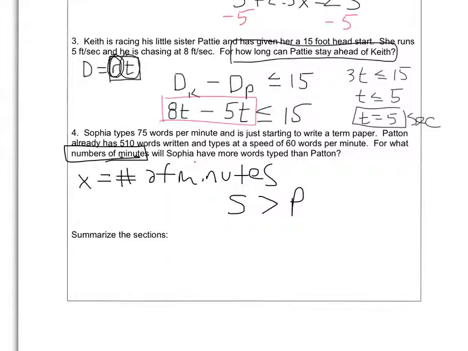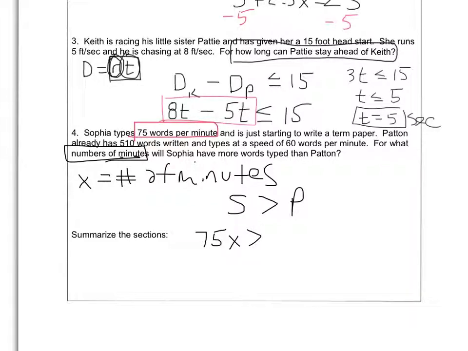Well, let's look at what information we have for Sophia. Sophia, all we know is that she types 75 words a minute and is just starting to write, so she doesn't have any written. So words per minute is our rate, multiplied by the number of minutes, x, will give us how many words she has typed. And we want that greater than Patton's.